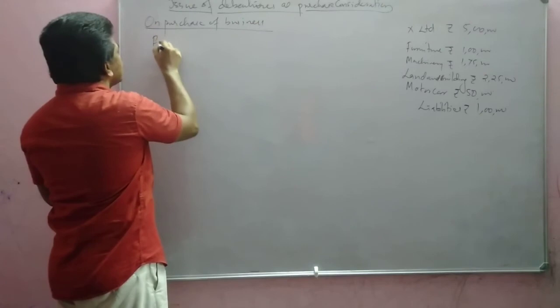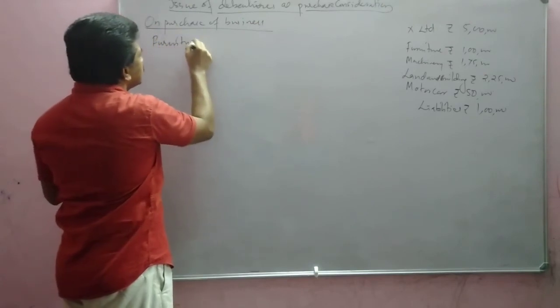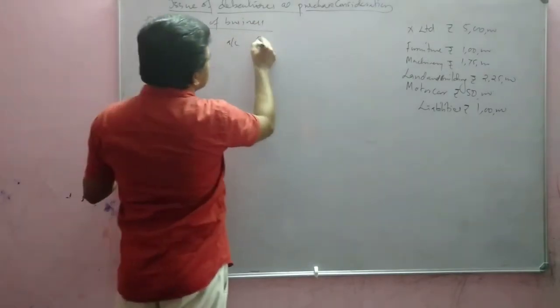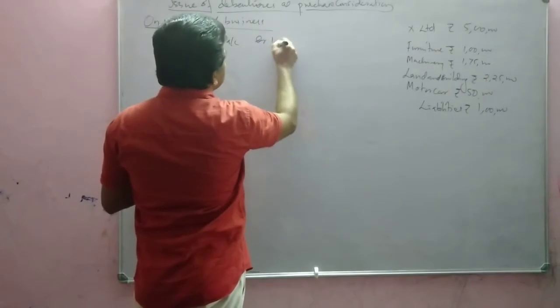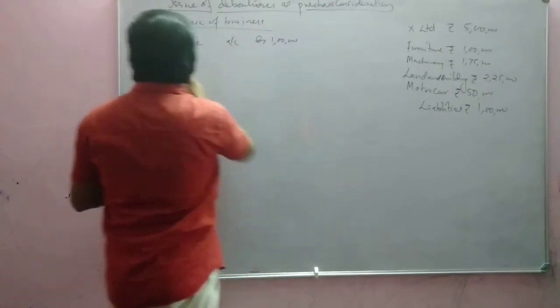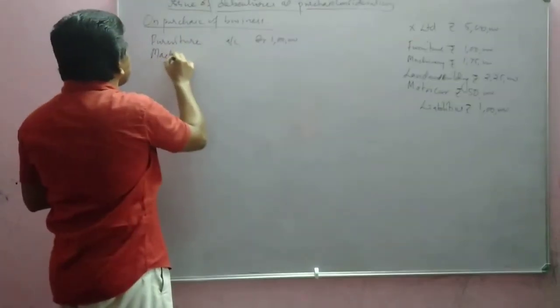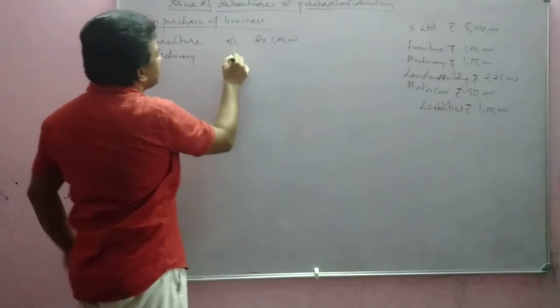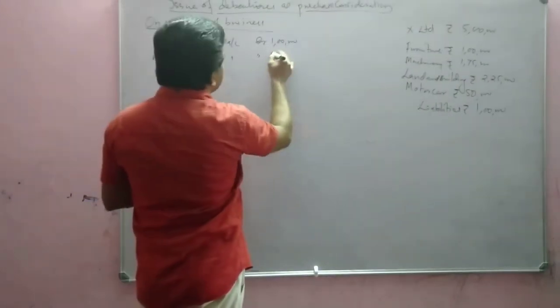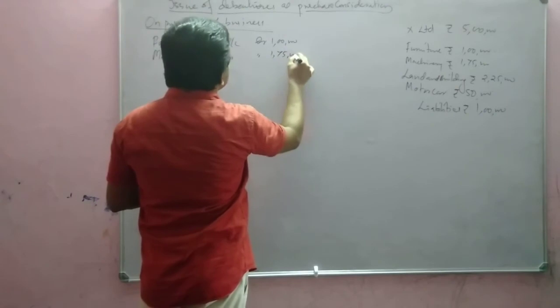Here the assets: furniture account debtor, how much? 1 lakh. Machinery account debtor 1,75,000.